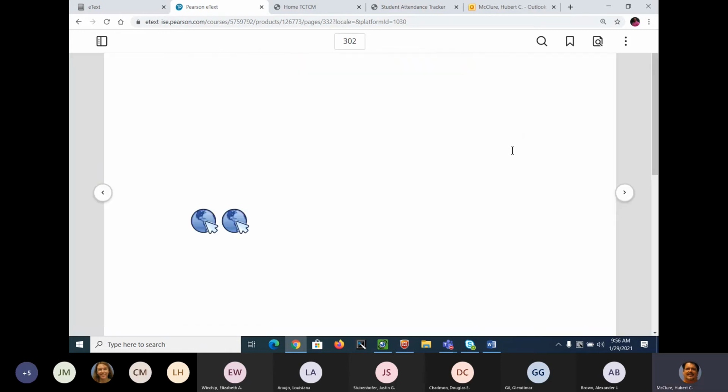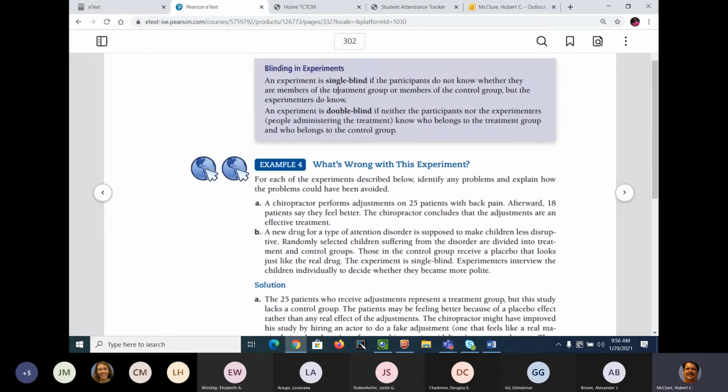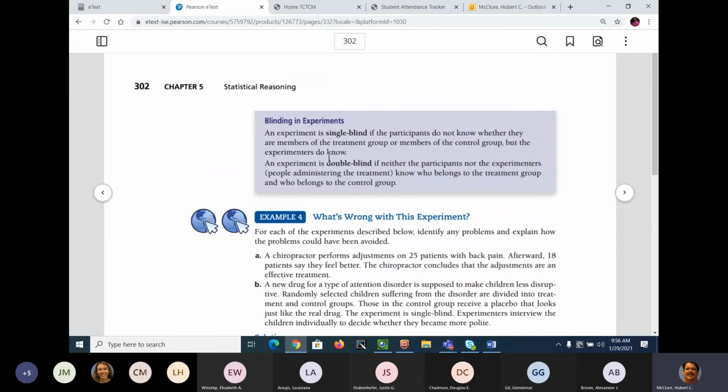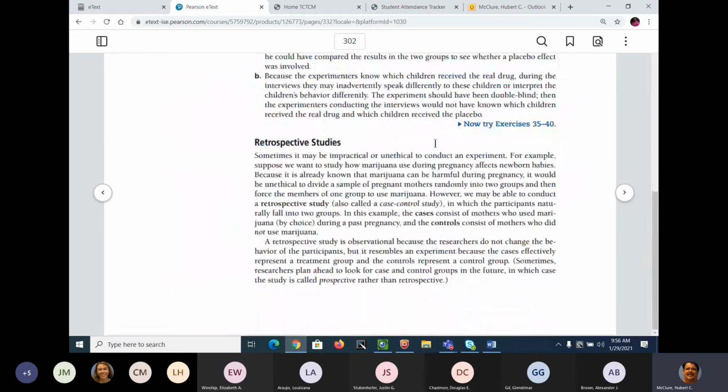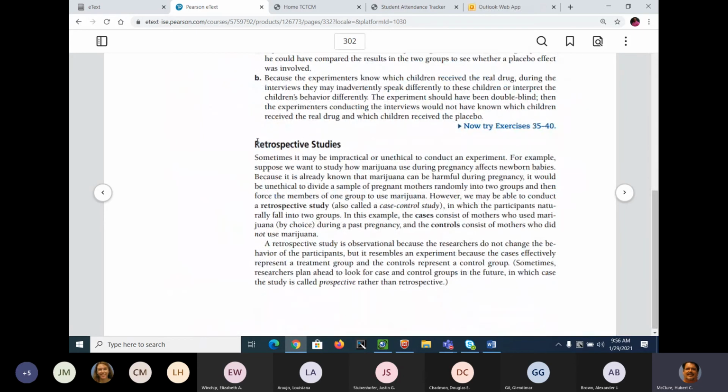I'm not doing blind and double blind. You can read over that if you want to. Retrospective. What does the word retro mean? That's a word that's been used the last 20 years. What does retro mean? The past, going back in time.